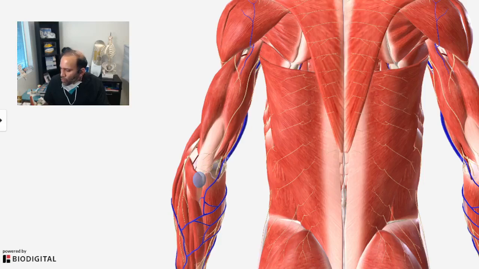But I'm going to go through some of the anatomy here. Right now we're looking at the low back, and we're looking at the superficial layers of muscle. These are the big latissimus dorsi muscles that go all the way up to the upper arm.